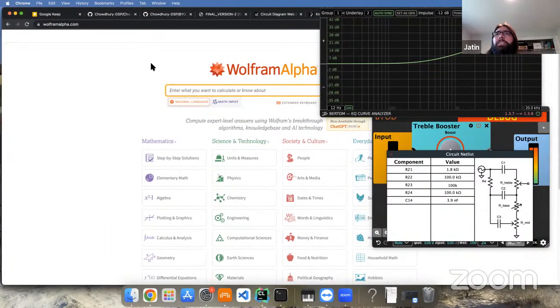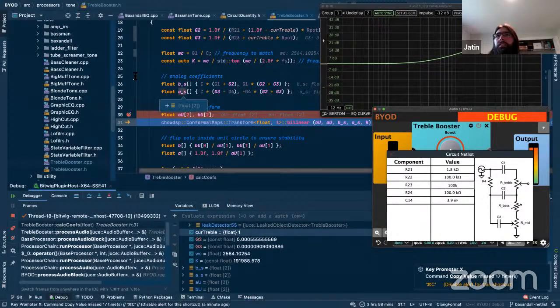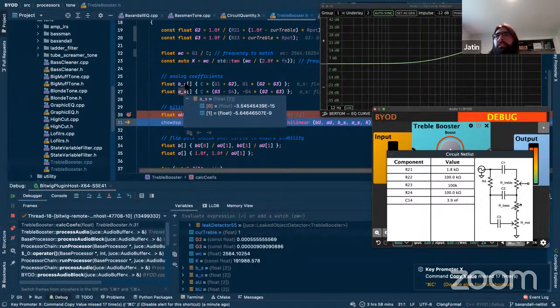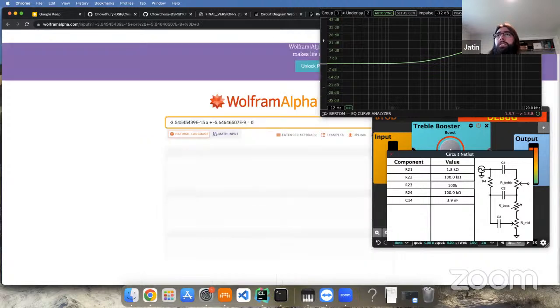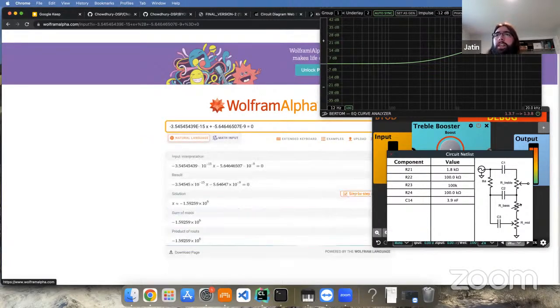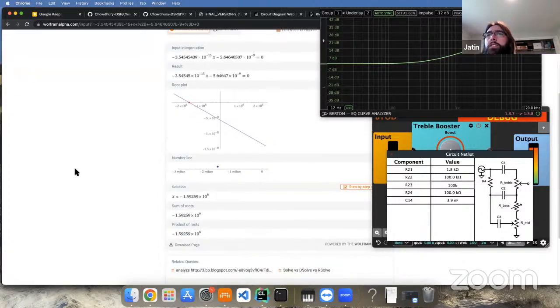So we've got that number times x plus that number equals 0. Right. And that's going to be a negative number, is my understanding.